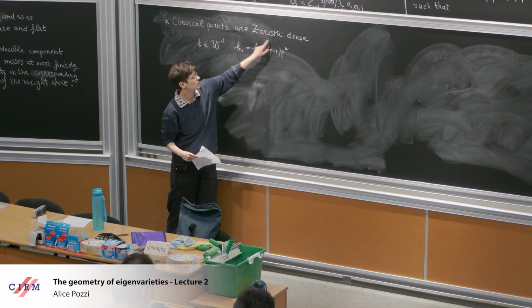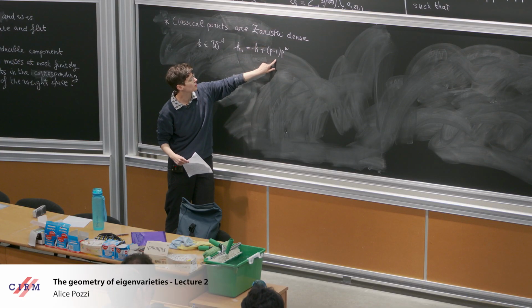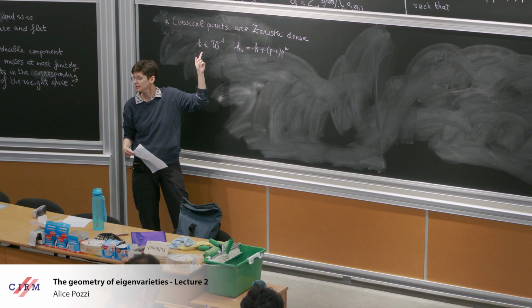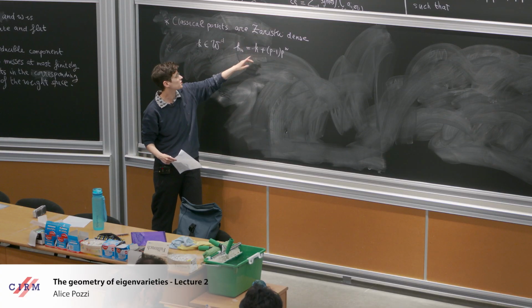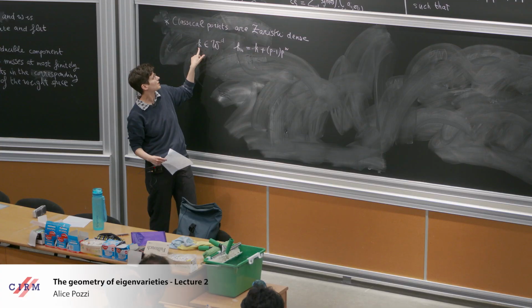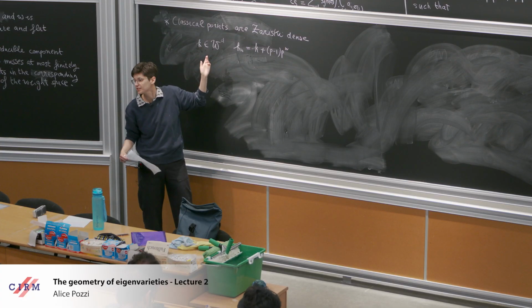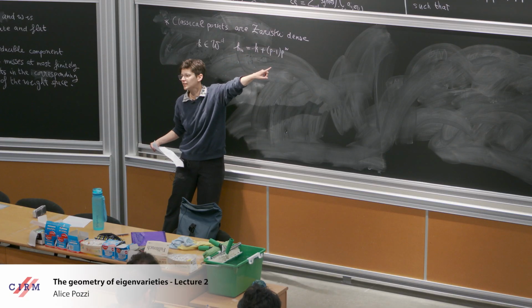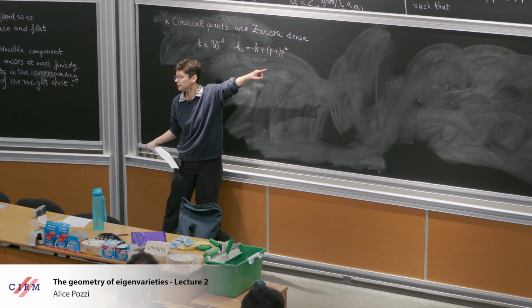So this will converge to the classical weight k p-adically. That's fine. But also, the point over the classical weight will have a certain slope, and at some point will break the bound given by Coleman's classicality theorem.